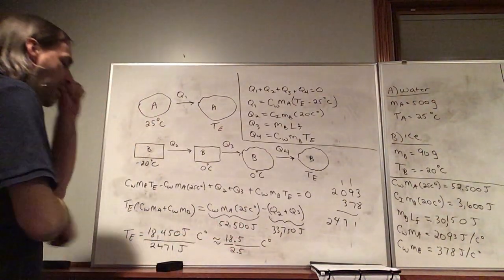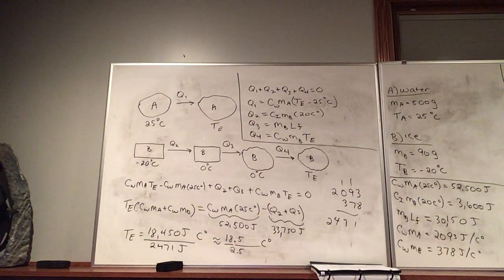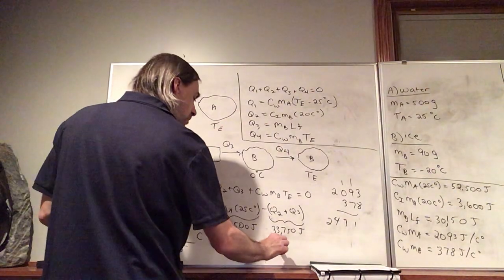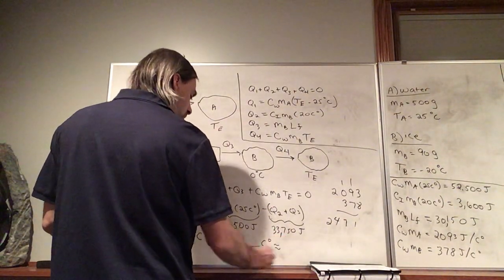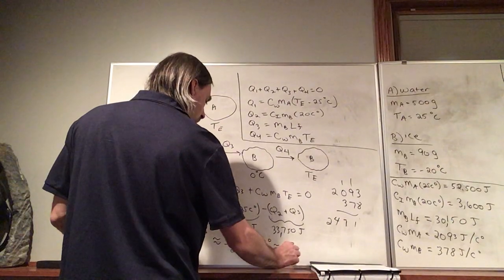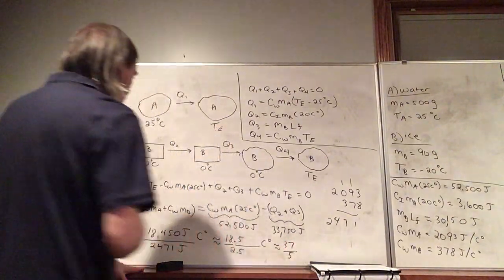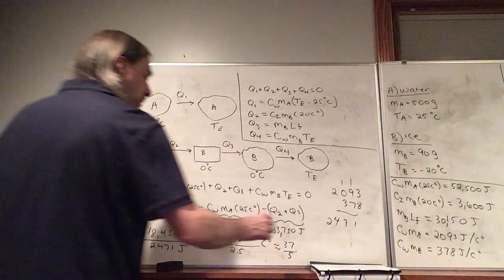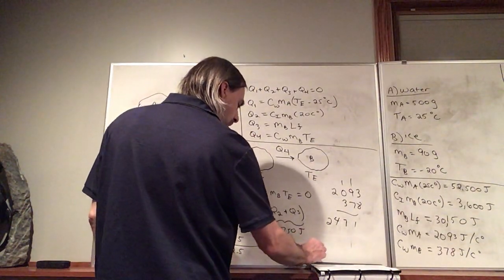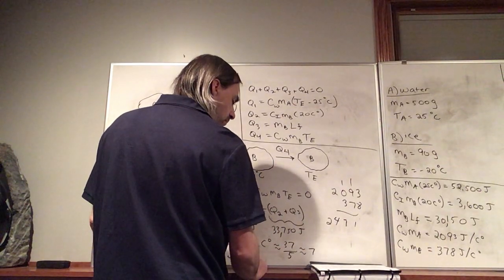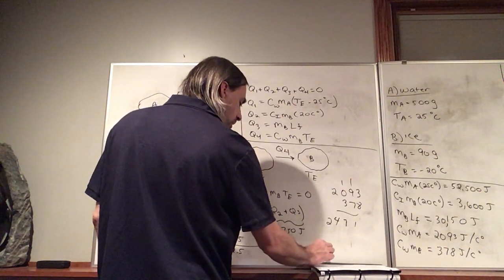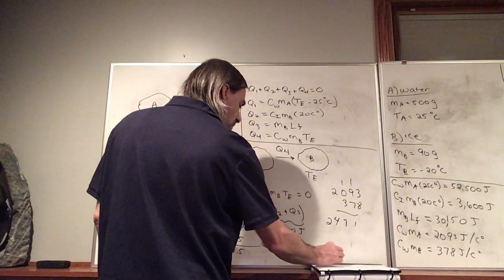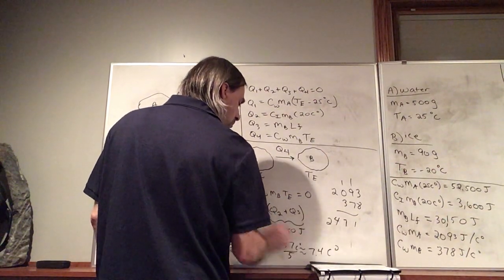So again, a bit of a rounding off here. 2.5, that's 5 halves. So let's see, that'll be around 37 divided by 5, which is around 7 degrees. So that's 7.4 Celsius degrees.